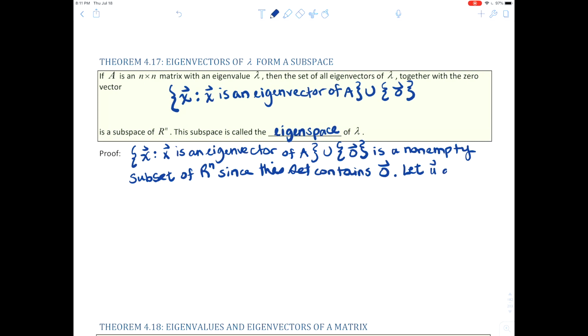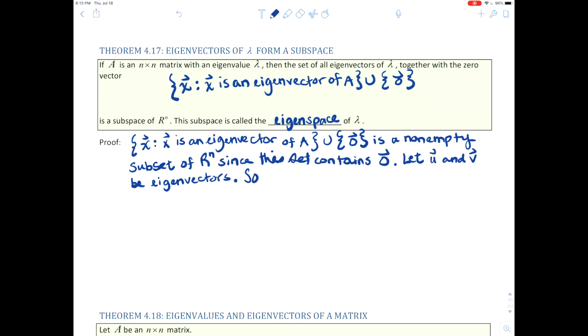So now if we let U and V be eigenvectors, then A times U is going to equal some lambda times U, and A times V will equal some lambda times V. And why don't we also let C belong to the real numbers?